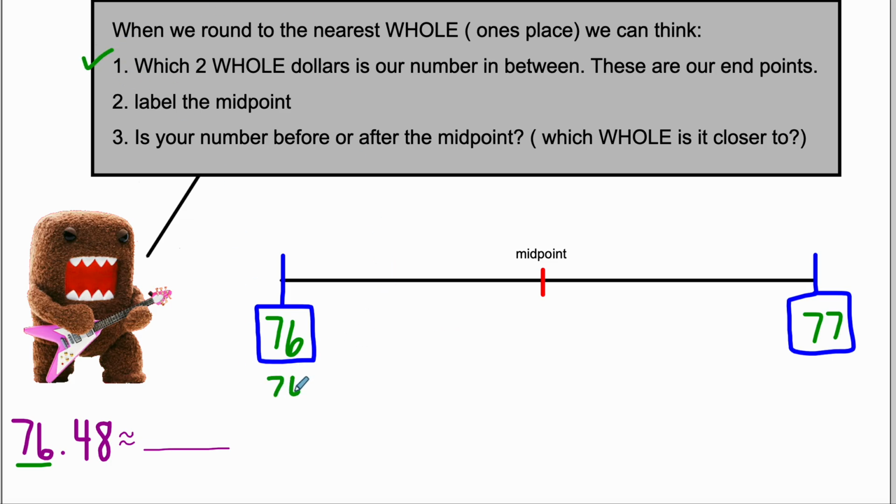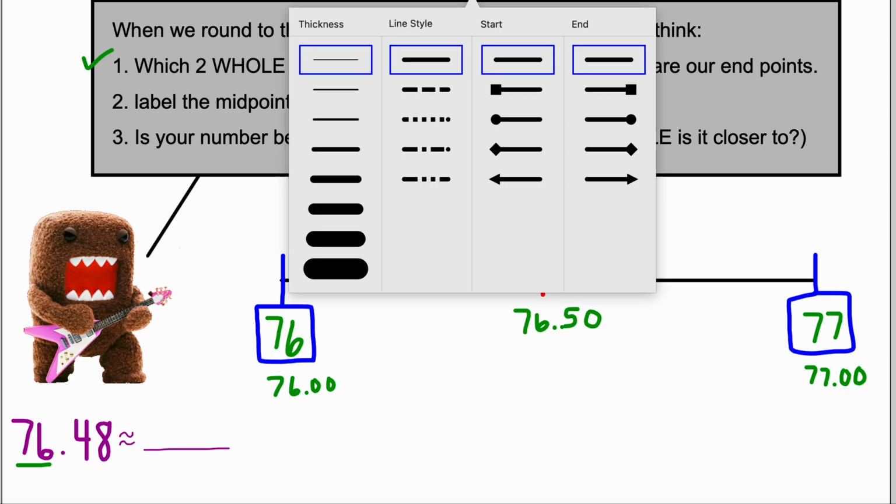Now I'm going to think about money. I got $76.00, $77.00, and right in the middle is $76.50. And we're going to ask ourselves, all right, self, $76.48, is it more or less than $76.50?